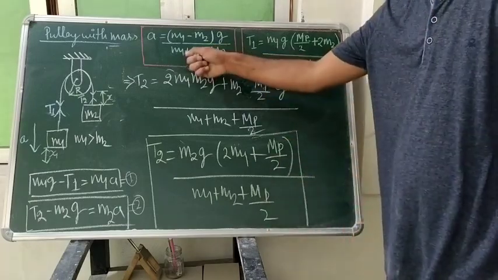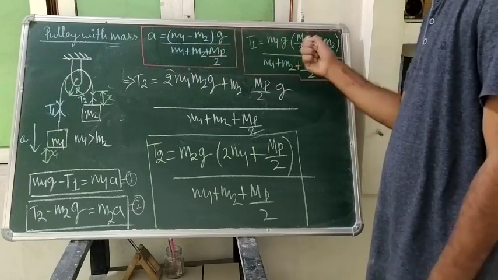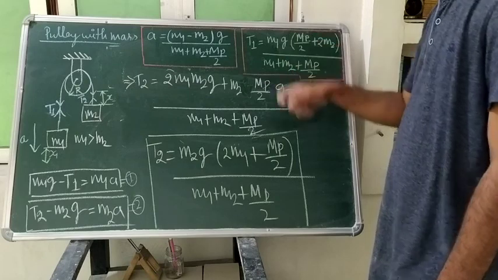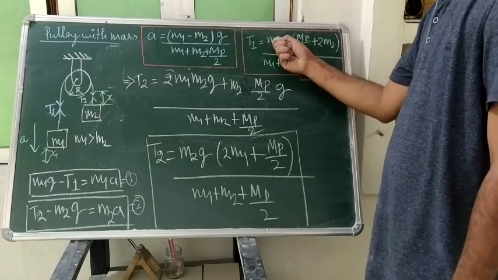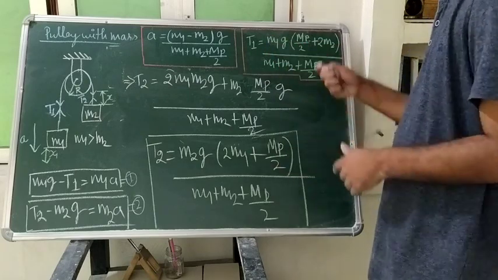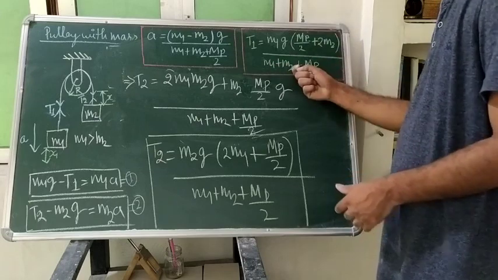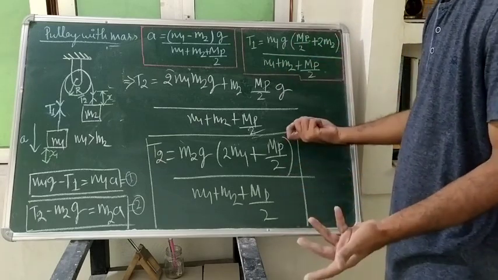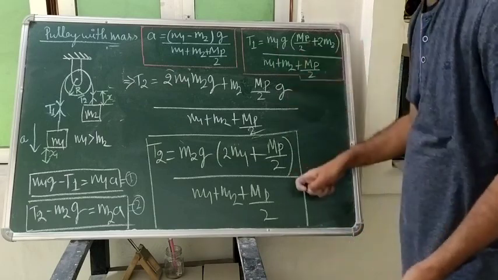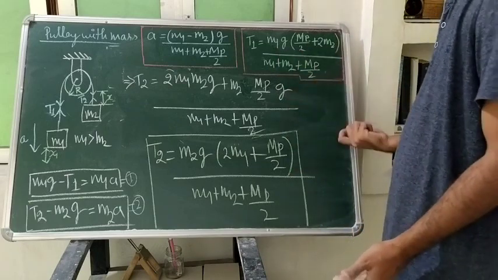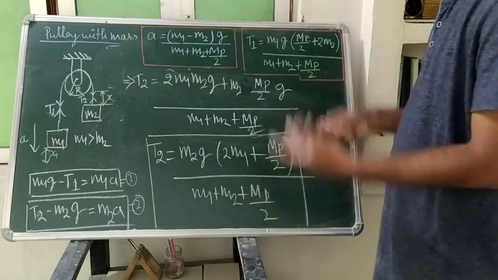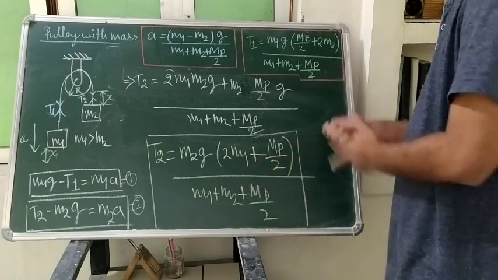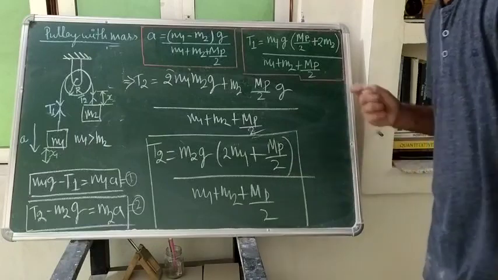The same expression of the acceleration was present there, and when you make that massless pulley, T1 was coming equal to twice of m1 m2 divided by m1 plus m2, and T2 was also coming equal to what, student? Twice of m1 m2 divided by m1 plus m2. So the both tensions were same in that case. So you can go to that and analyze these things.